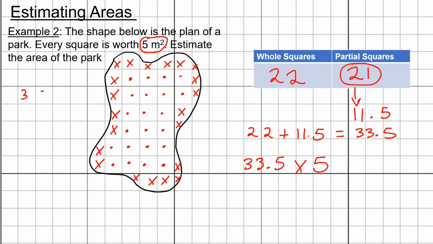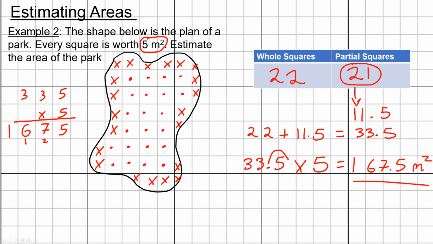To do this, I'm going to do 335 times 5 and then put the decimal back in. 5 5s are 25, 5 3s are 15, plus the 2 is 17, 5 3s are 15, plus the 1 is 16. We have 1675. Put the decimal point back once, and we have 167.5 metres squared. So that is the total area of the park.